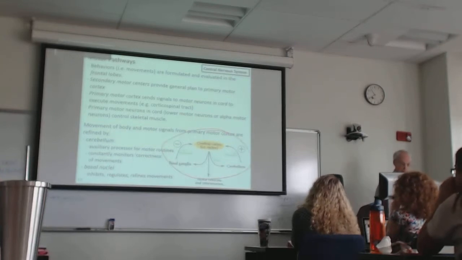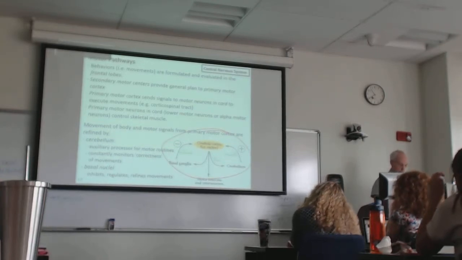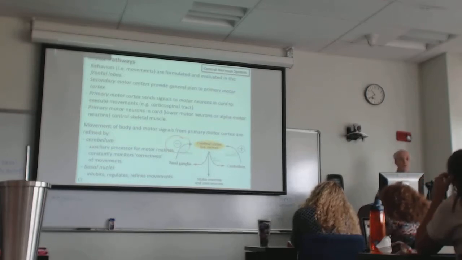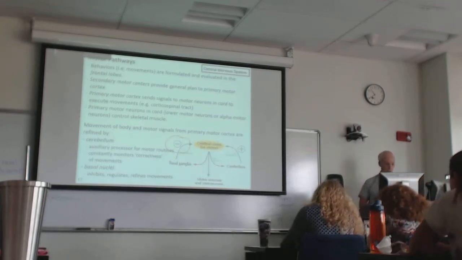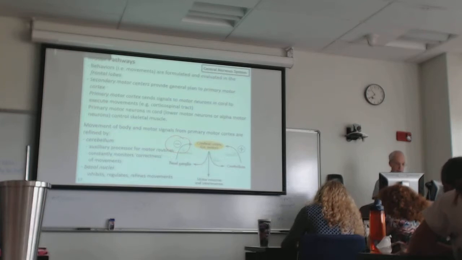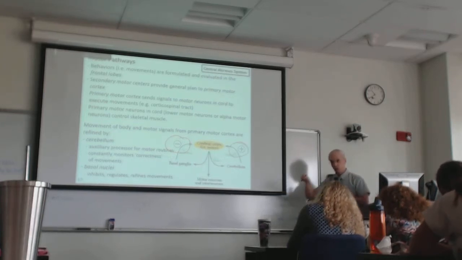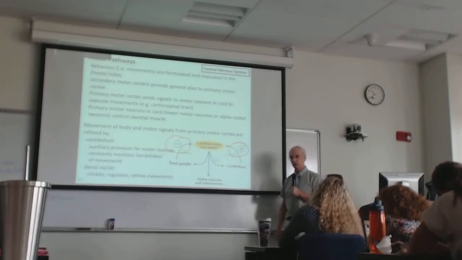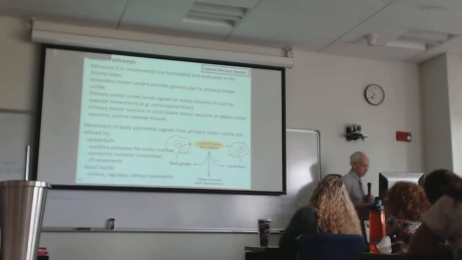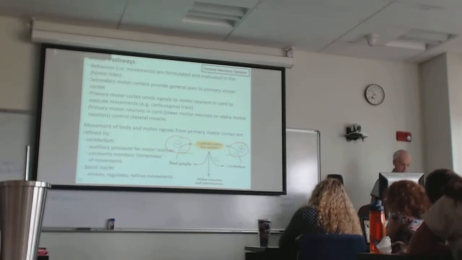And that's what this little diagram here is trying to suggest. The basal nuclei, for the most part, tend to inhibit undesired or unwanted gross motor movements. The cerebellum, in an excitatory fashion, pushing, nudging in a very gentle way, is correcting especially fine motor movements from the corticospinal tract.